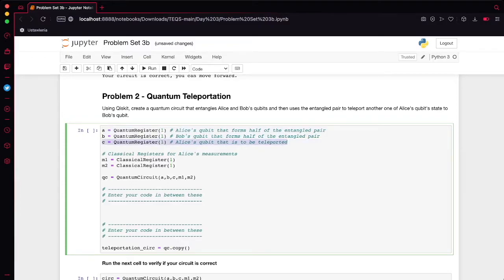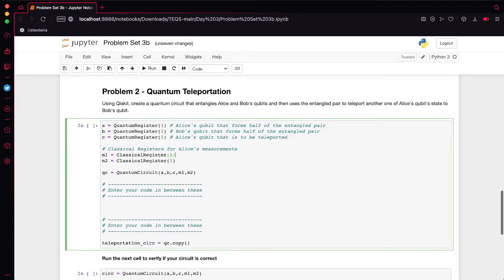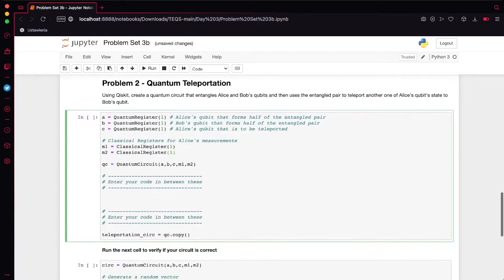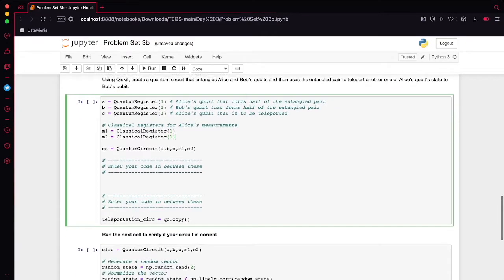I mean, we are going to collapse this qubit and teleport its quantum information to qubit B, right? In such a way that Bob receives this information stored in that qubit. And M1 and M2 are classical registers for our measurement.